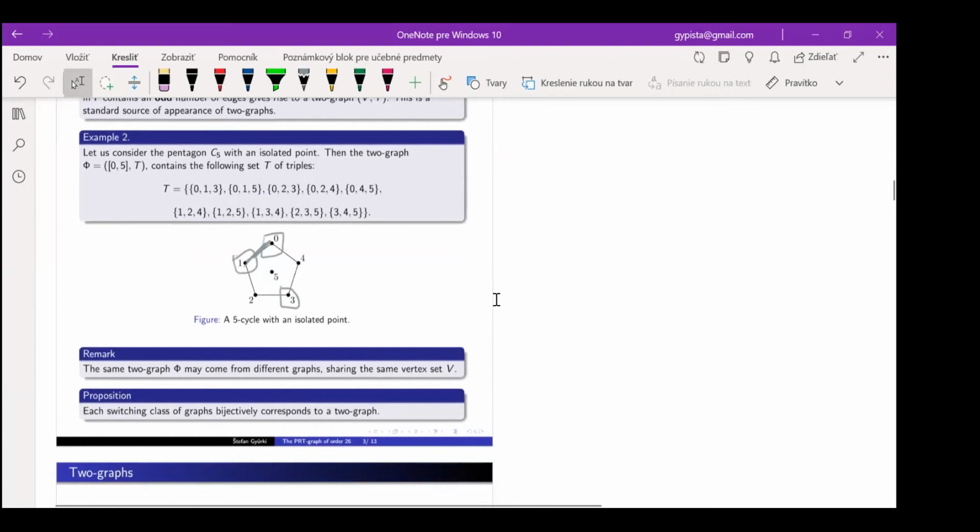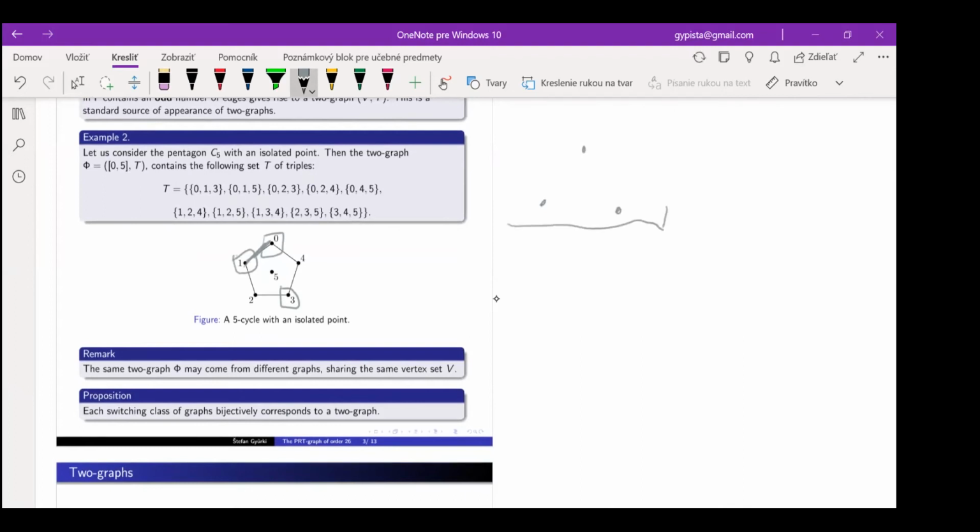We have to say that the same two-graph can be obtained from different graphs. And what is nice is that two-graphs are in a nice relation with switching, because switching is preserving the two-graph. So why is this working?